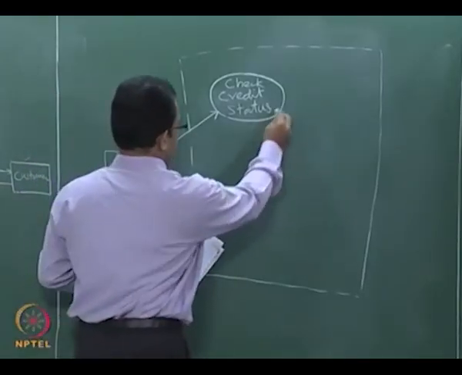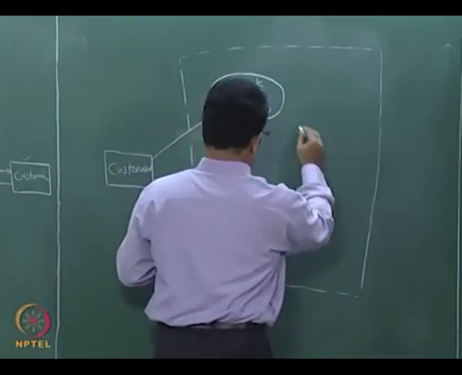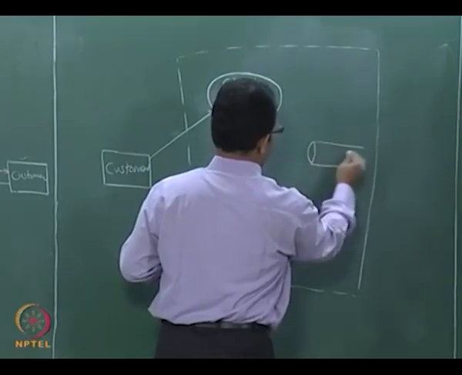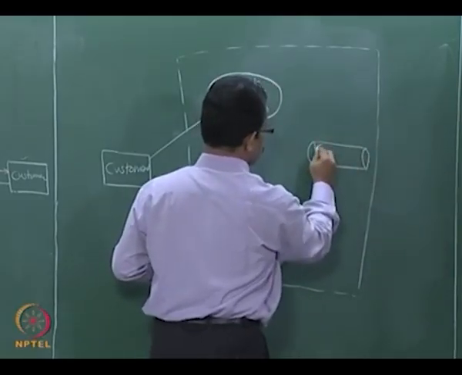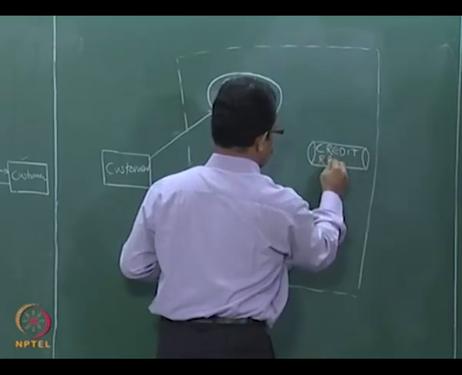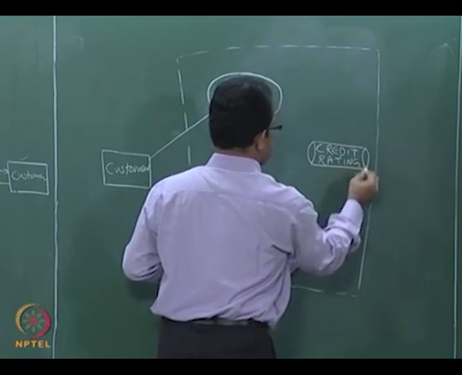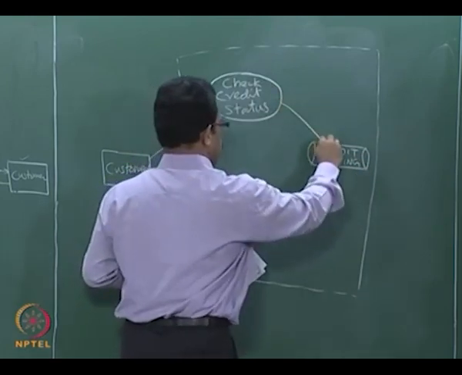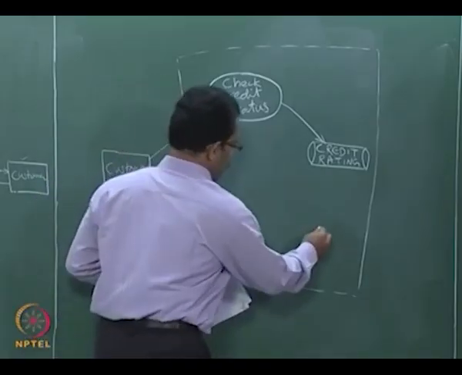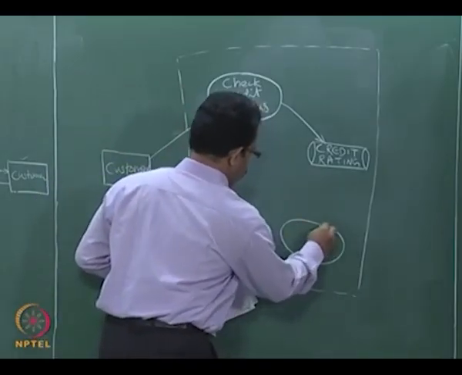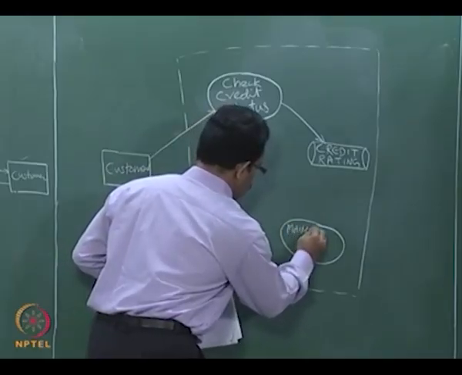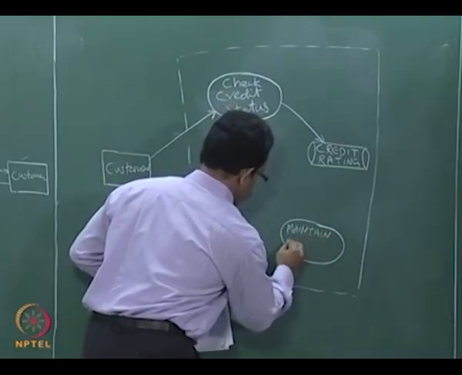Then you will be having a database, which is basically the credit rating of the person. So there will be an enquiry from here to the credit rating, and then there will be another function which maintains the credit rating. So this is another function, maintain credit rating.